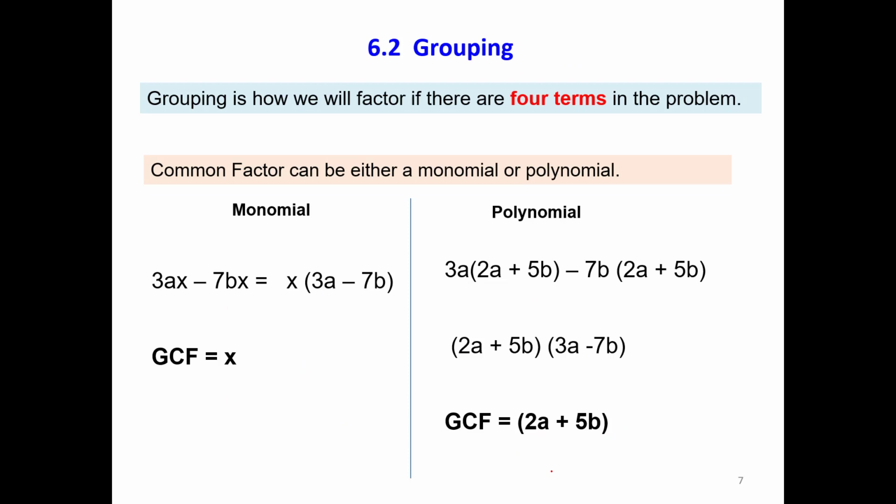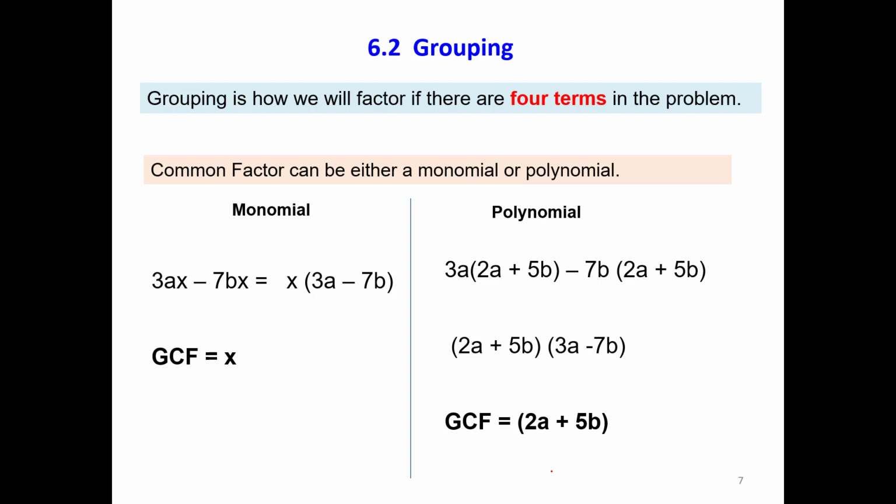The next method we are going to learn is how we can factor out a polynomial using the grouping method. Usually we use the grouping method if we have 4 terms in the problem. In case of greatest common factor, there is no limitation for the number of terms in the polynomial.